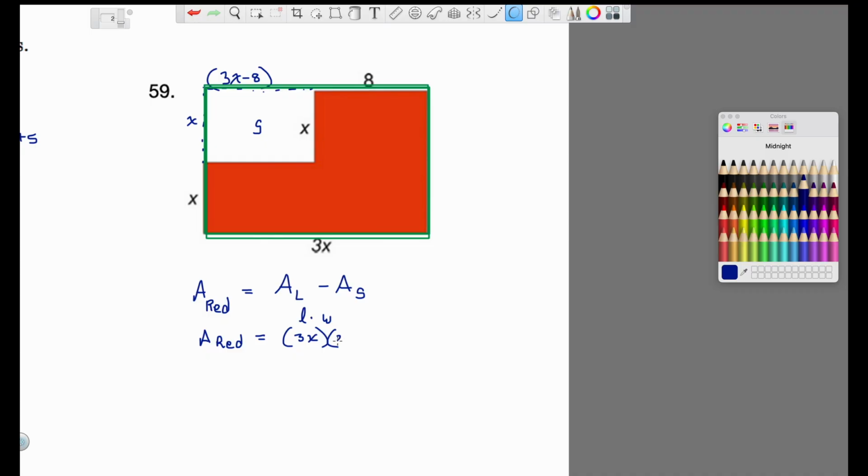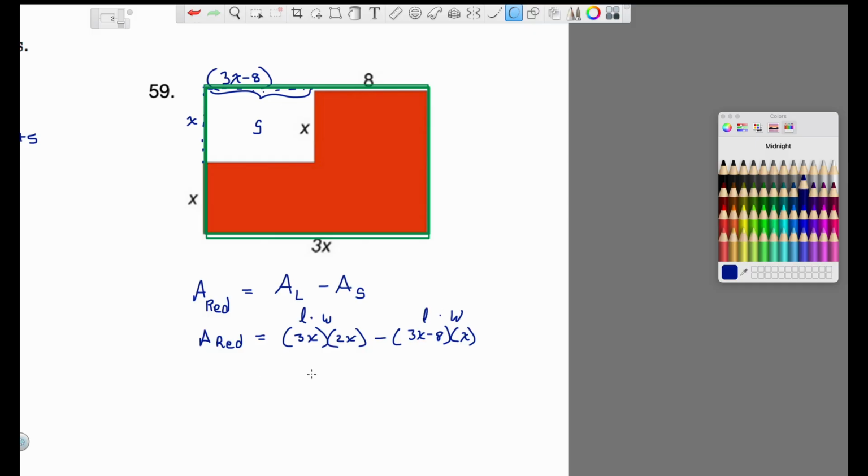So x and 3x, that's length times width, minus the area of the small. The area of the small is 3x minus 8. If this whole length is 3x and I take away 8, that leaves me with this length, 3x minus 8. And then we're already given this width right here is x.